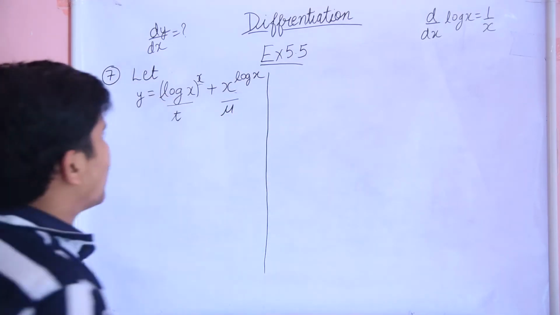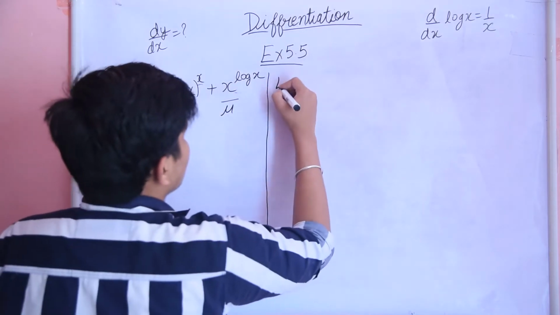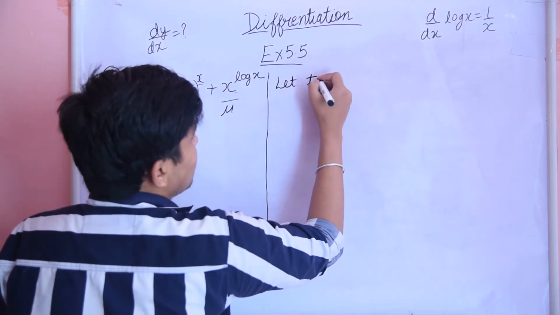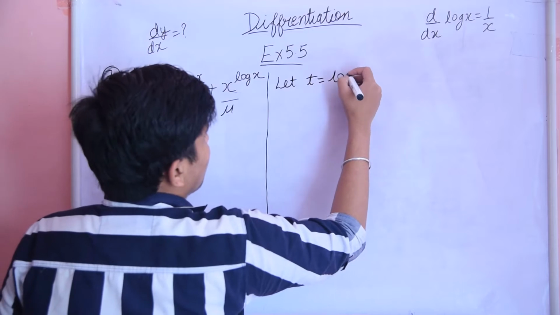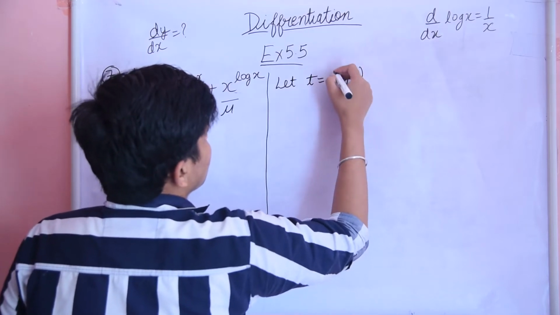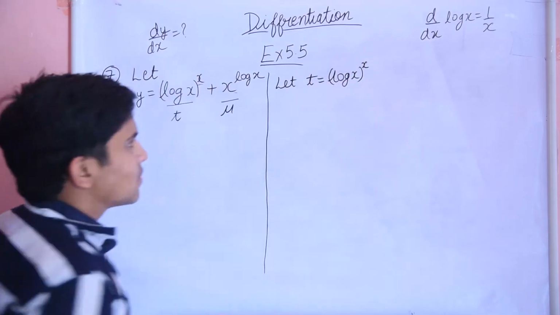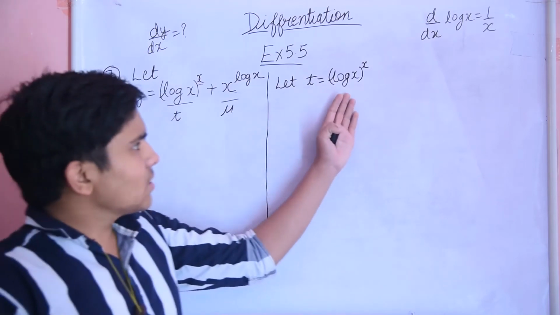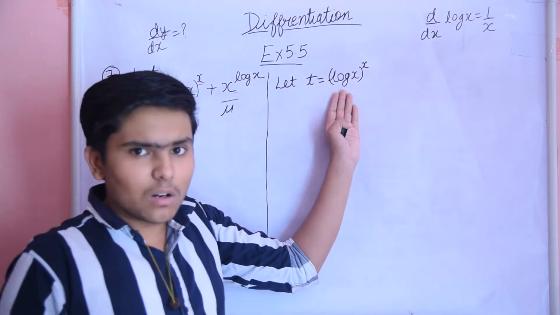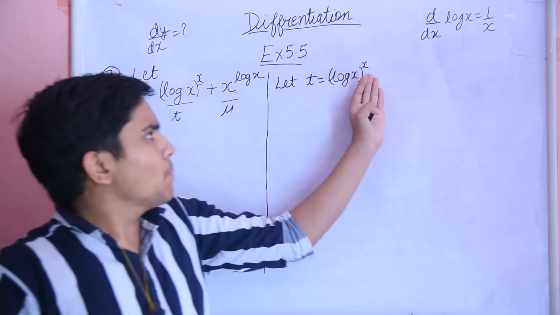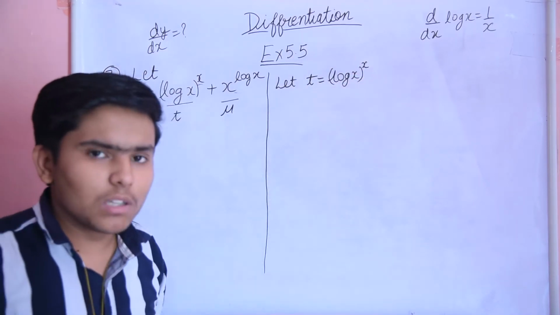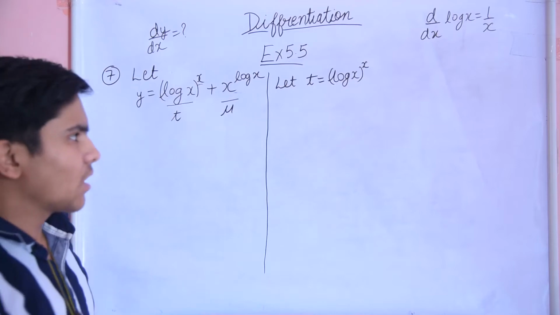Separating our partition, first let t equals (log x)^x. As you are seeing, the logarithm function is raised to the power of x, so we will be using the log function here.